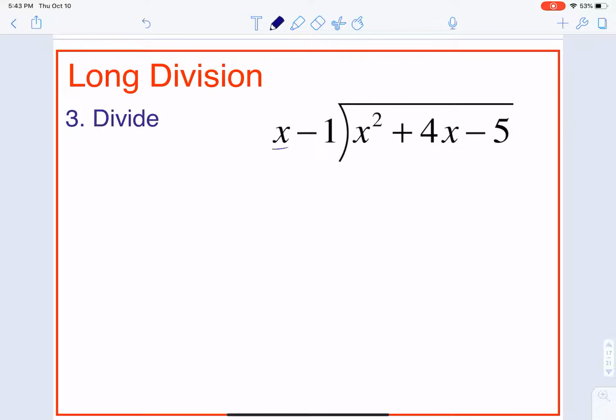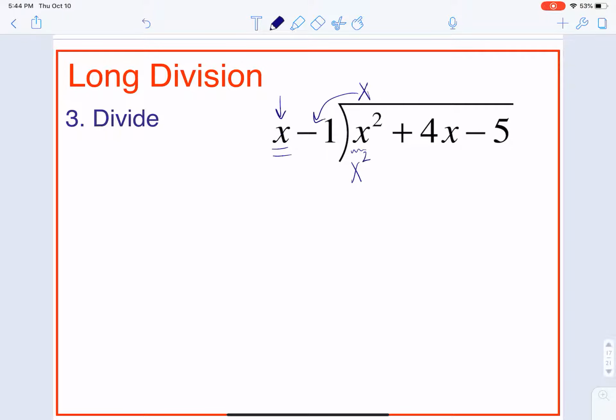So I'm just going to look at this first piece right here. So I want to think to myself, instead of saying how many groups of x are in x squared, what will I multiply this x by right here in order to get to x squared? And I'll multiply it by x. So x times x is x squared.